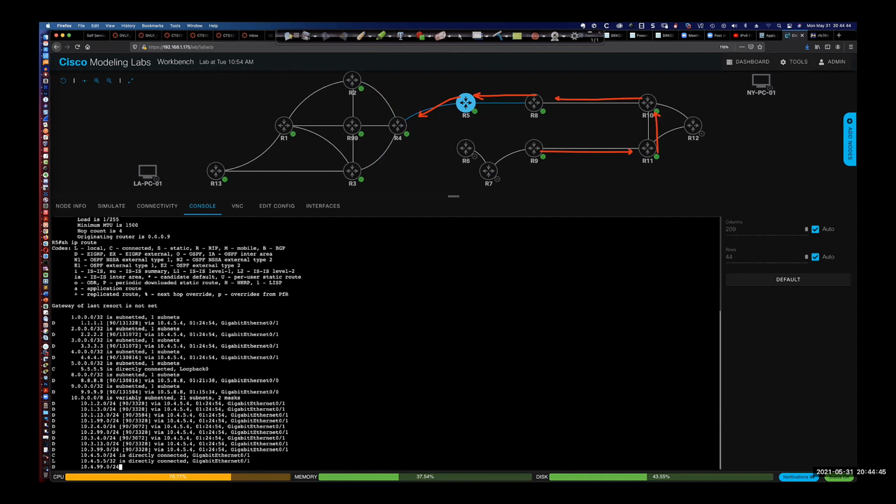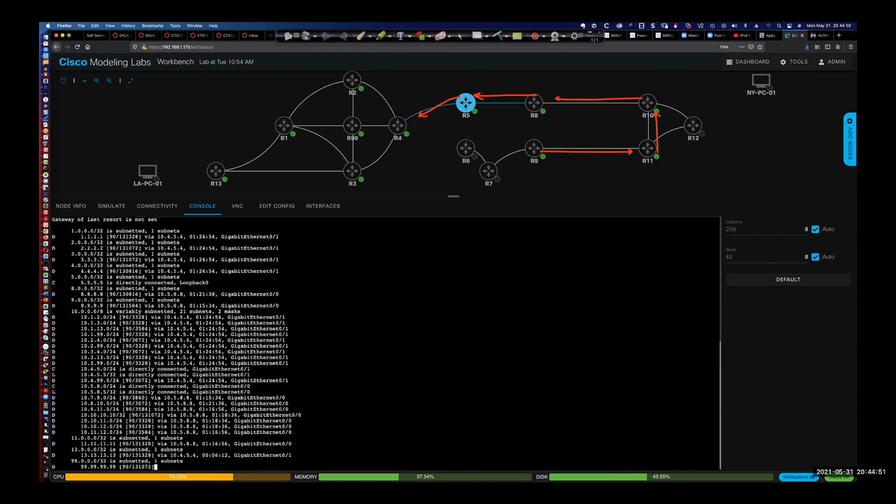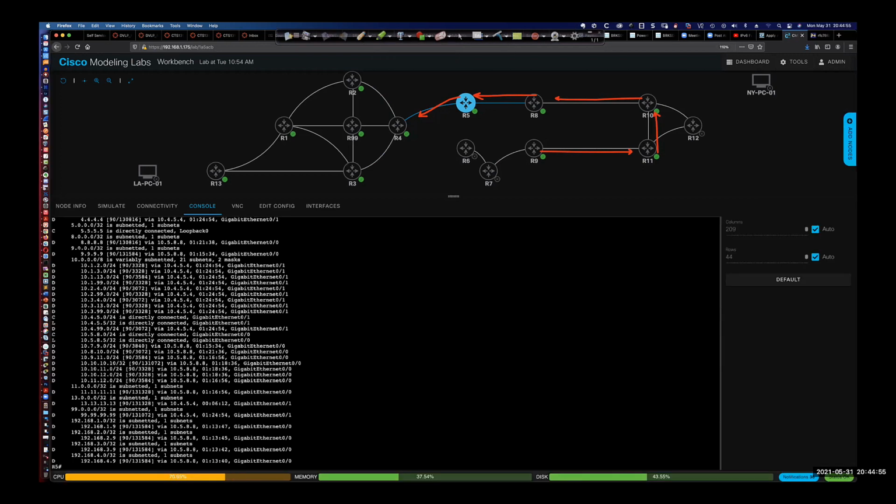And again, let's slide back down. There we go. That is the metric, that's the distance, right? That's the cost for router 5 to get to the loopback of router 9. And you'll notice that number is pretty familiar, right? 131,584. And so what is the reported distance?